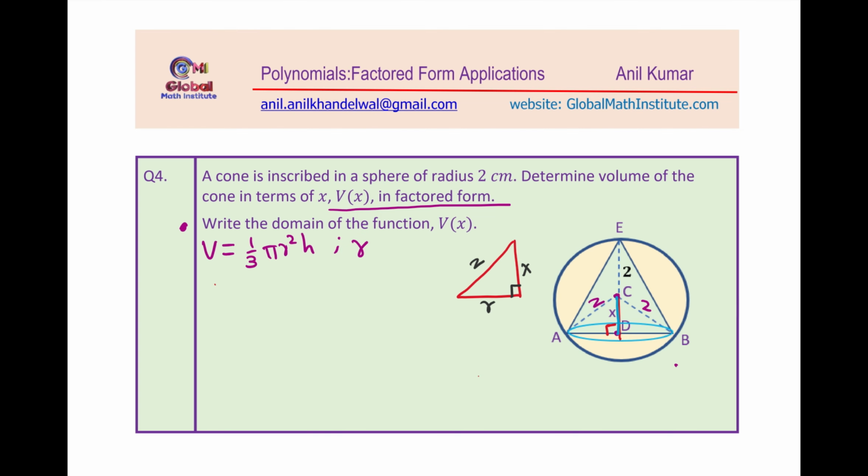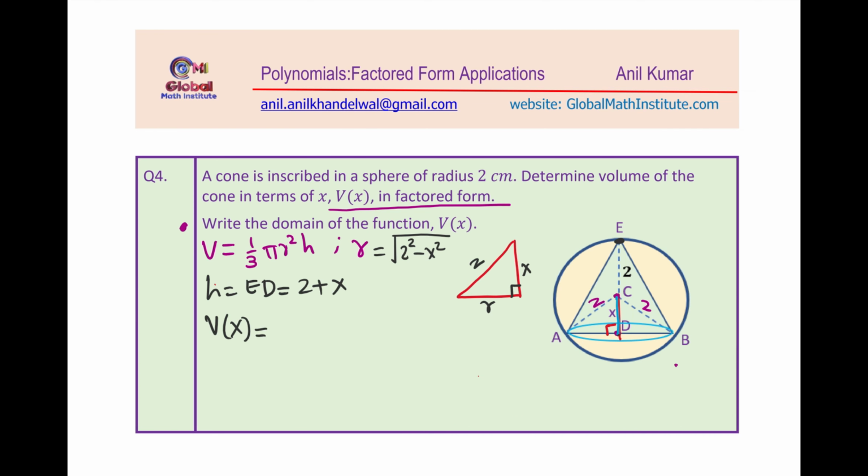Now this can be found as square root of 2 square minus x square. So that is how you get the value of r. As far as height is concerned, which is from E to D, that is 2 plus x.